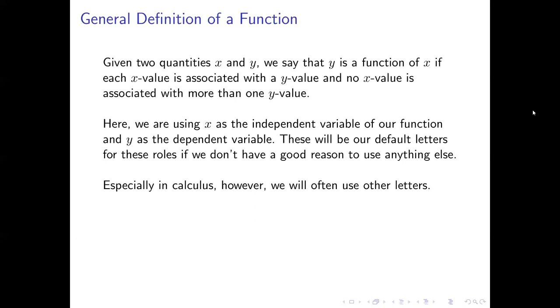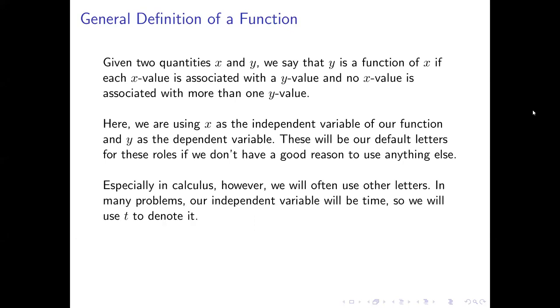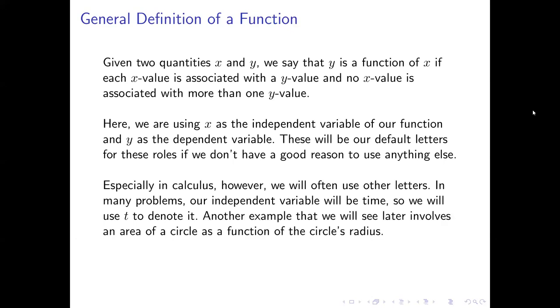It is worth keeping in mind, though, that especially in calculus, you will often see other letters associated with the independent variable and the dependent variable of a function. One type of example we'll see fairly often involves functions whose independent variable is time. And in those cases, we will almost always use the letter T for the independent variable letter, T for time, of course. Or to give another example, we'll see down the road some geometry problems involving an area of a circle, and we'll treat the area as a function of the radius using the familiar formula for the area of a circle.